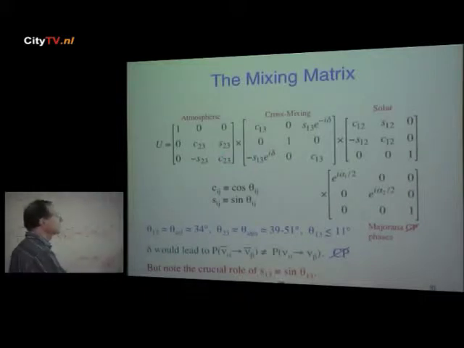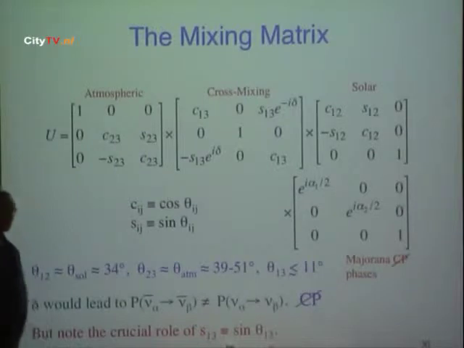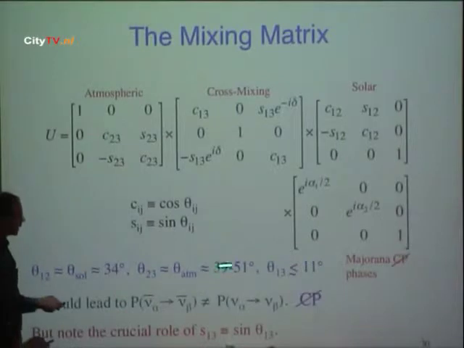The first factor depends on the cosine and the sine of a mixing angle theta 2,3, which dominates the behavior of atmospheric neutrinos. So it is measured in the atmospheric oscillation experiments. And the best fit is actually maximal mixing, which means cosine theta equals sine theta, or in other words, theta equals 45 degrees. But at 90%, there's still a considerable uncertainty.